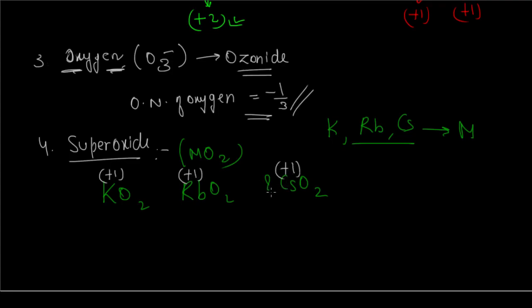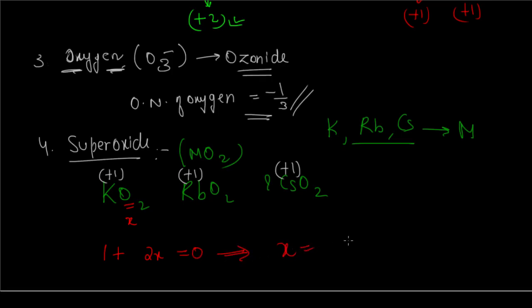Now for a neutral molecule, the total oxidation number should be 0. You can guess that, right? There should be no charge. So if you take the oxidation number of O to be X here, then 1 plus 2 times X, because as I've told you, it is always calculated per molecule. So 1 plus 2X is equal to 0. So what will it imply?